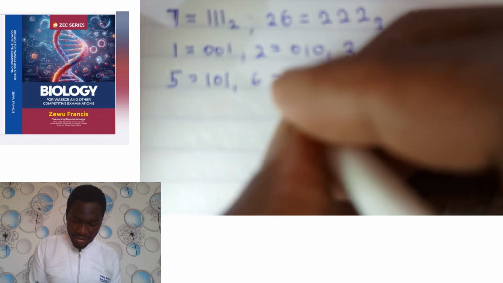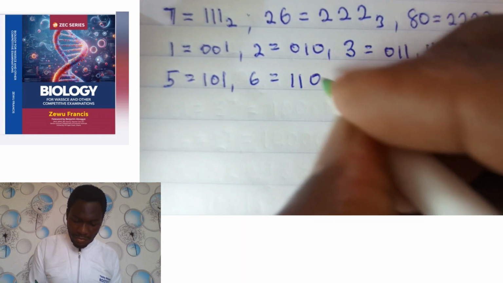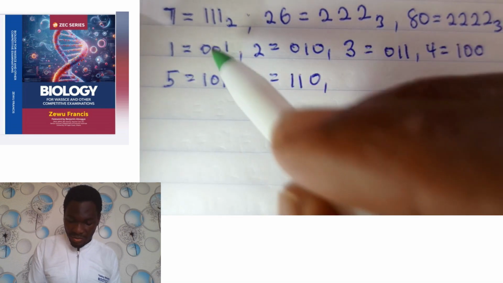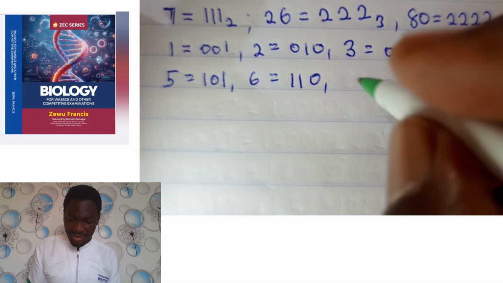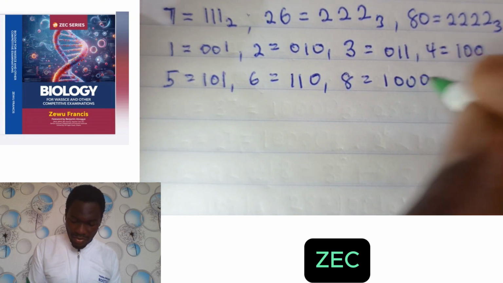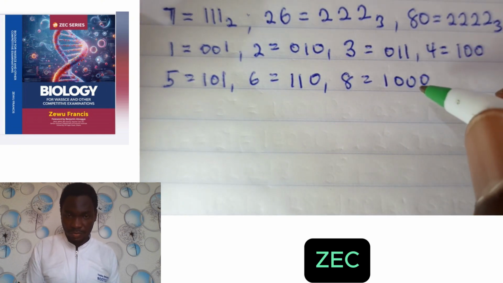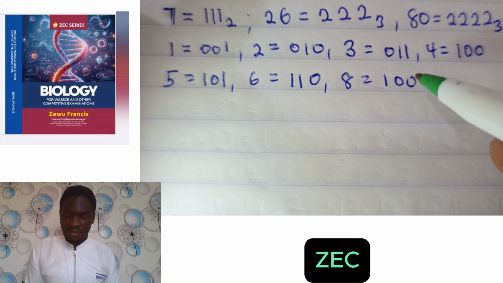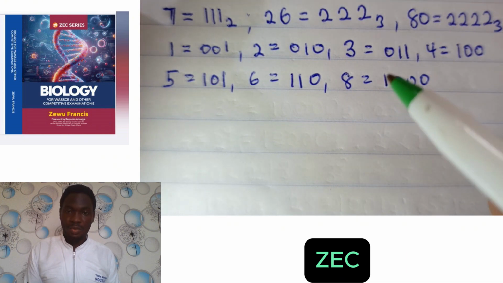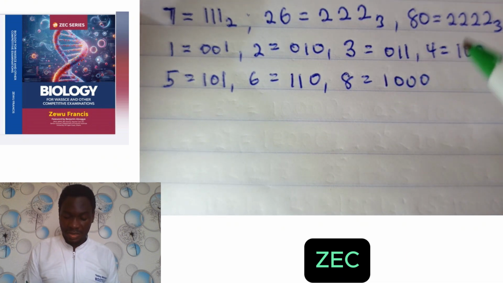We have 6, 1, 1, 0. We have 7, which we just saw, and then 8 we saw earlier, 1 followed by 3 zeros, all in base 2. So with this, if we have a string in base 2 to convert to base 8, we can do that easily. Let's look at that.